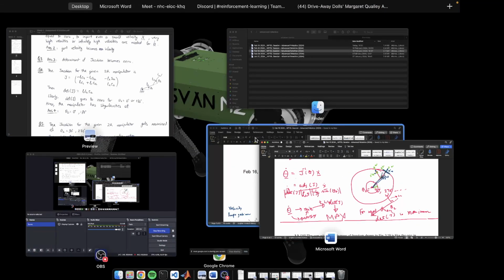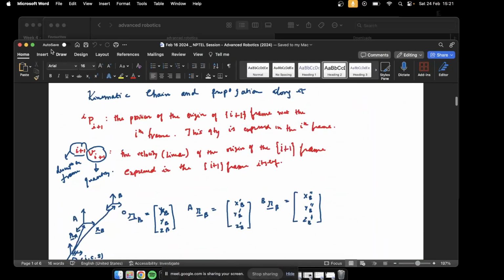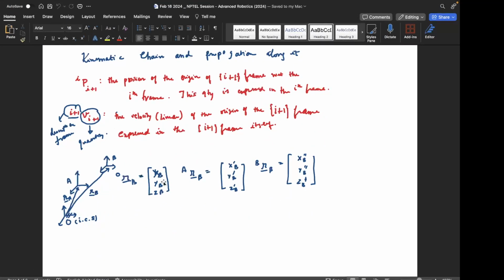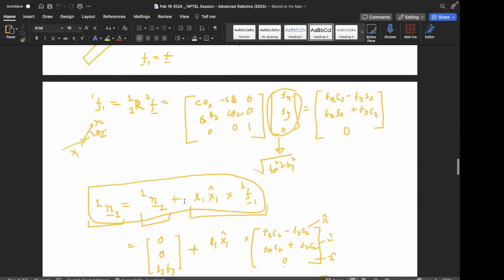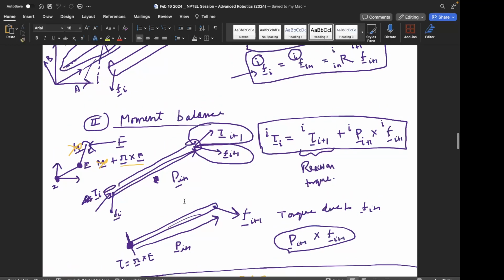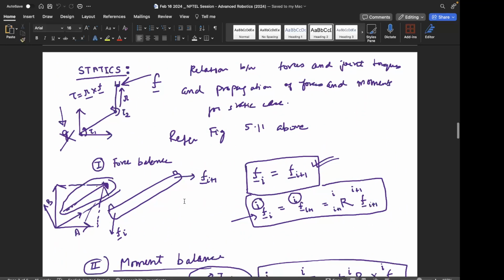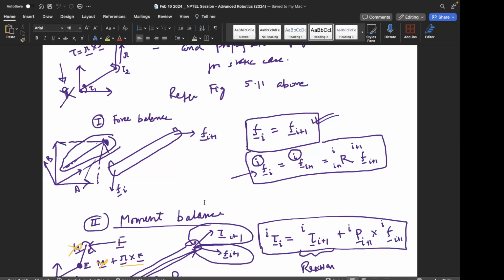So let's use this note in order to go through that, right? So we have to do two things. We have to do force balance and we have to do moment balance, right? So for force balance, since this is a static case, we just have to equate the forces acting on the link.